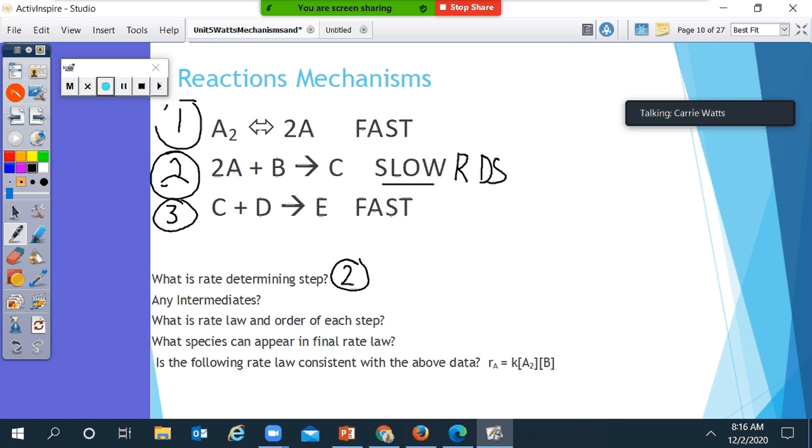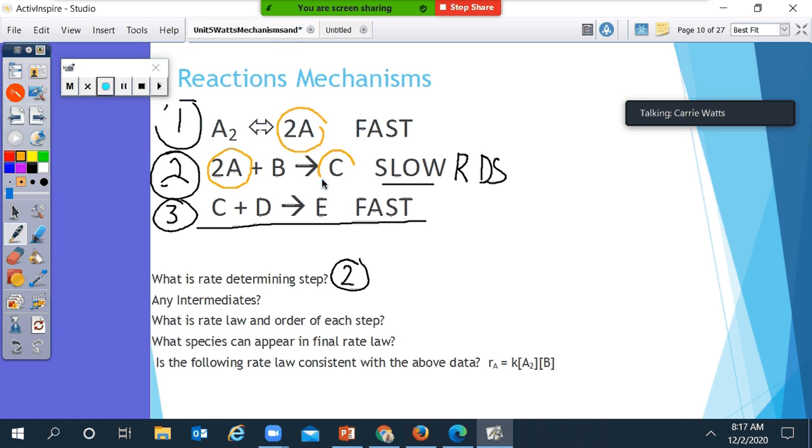Are there intermediates? Now we got to be careful. Intermediates are produced and consumed in the reaction. So first of all, let me just get the overall reaction. I don't know if it asks us for it, but let's just get it. Let's circle anything that's on both sides. We have 2A on the right, 2A on the left.